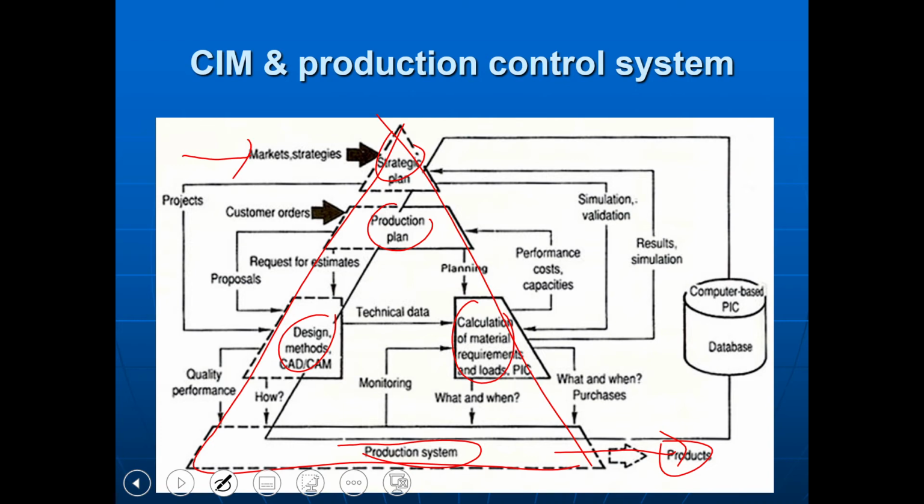So they link to each other from the strategy, production, design, to production, to monitor, and then to pass back the information to the database, to store the information in the database. So this is all a production control system using computer integrated manufacturing.